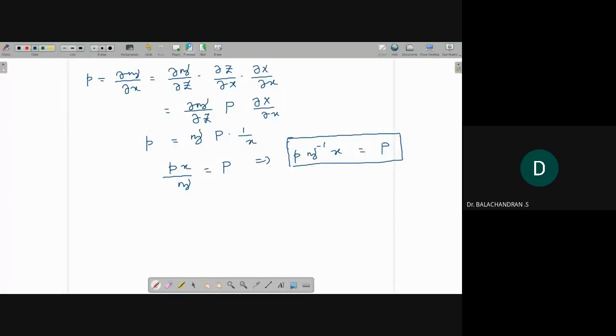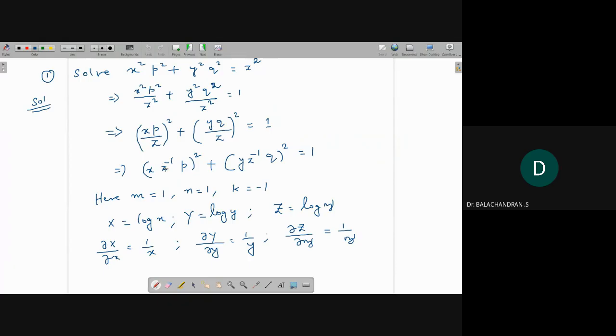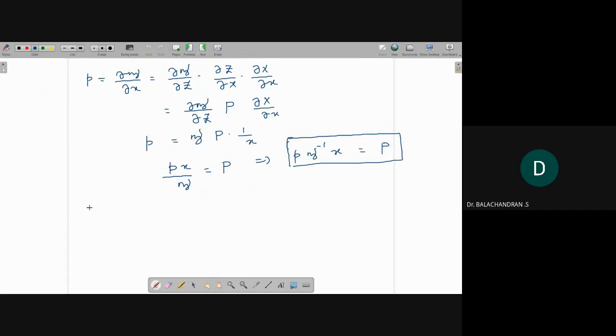The reason is here you look: x z power minus 1 p is there, I am going to replace this by capital P.